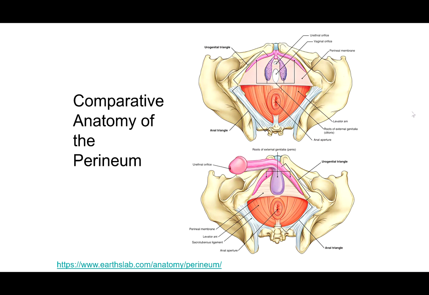But also notice that instead of the urethra being a separate orifice, what's happened in male anatomy is that urethra during development has joined into that penis, and so the urethra is then encompassed into the penis, and the orifice for that is typically right at the tip of the glands of the penis.